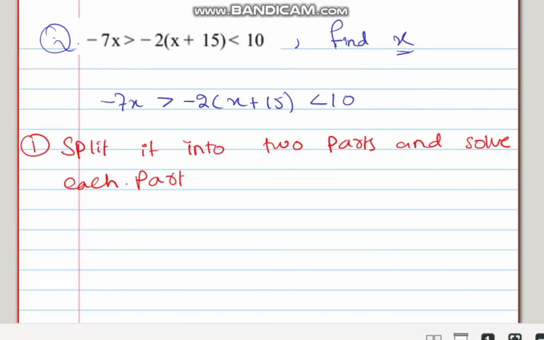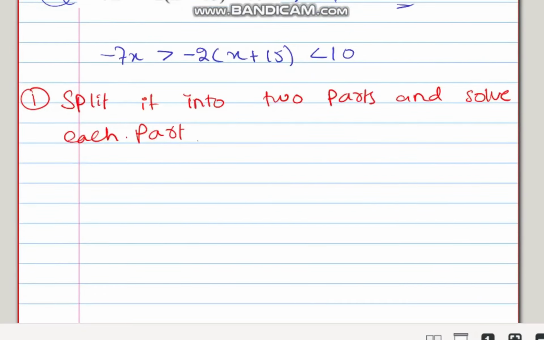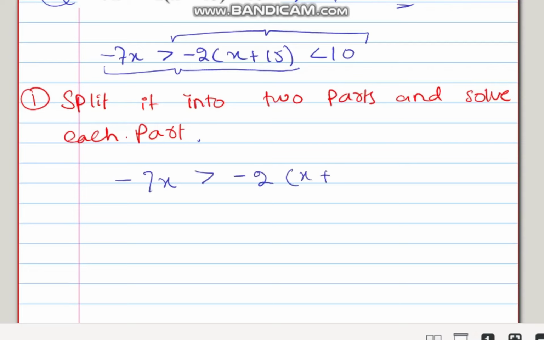So how can we do this? Please note. There is basically this thing and this thing, and this will become two parts. I will write minus 6 7x greater than minus 2x plus 15. This will be one part, and let me write another part, minus 2x plus 15.